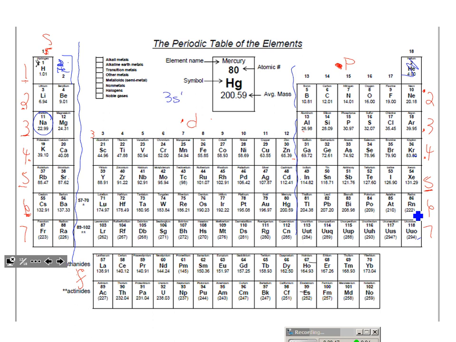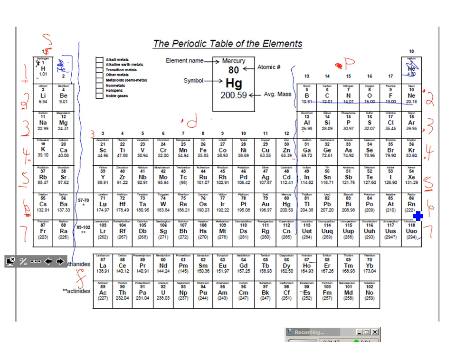So if we write the electron configuration, we start with number 1, 1s2, 2s2, 2p6, 3s1, and that is the electron configuration for sodium. 1s2, 2s2, 2p6, 3s1. And then you would follow through with the other elements that are in your notes.